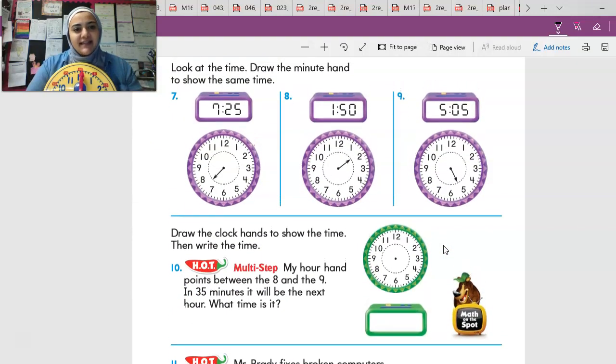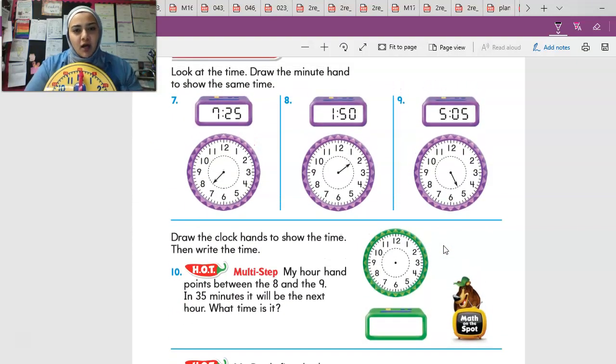Okay, now that you've had time to do 7, 8, and 9, let's go over what you did. The big hand should be on the 5 here because the 5 is 25. 5, 10, 15, 20, 25. It is 7:25.